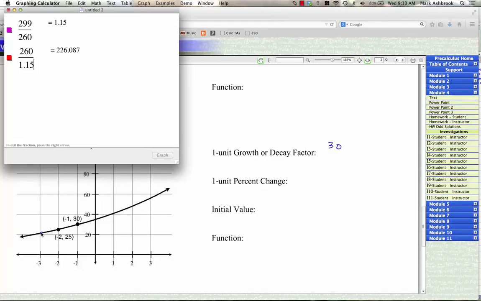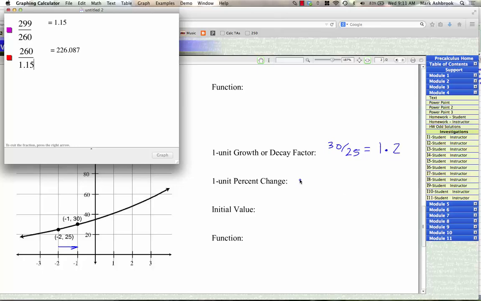So negative 1 is the next output from negative 2 because it's an increase of x of 1. So if you're at negative 2, you increase by 1, you multiply by the growth factor. So the growth factor would be 30 over 25, which is 1.2.